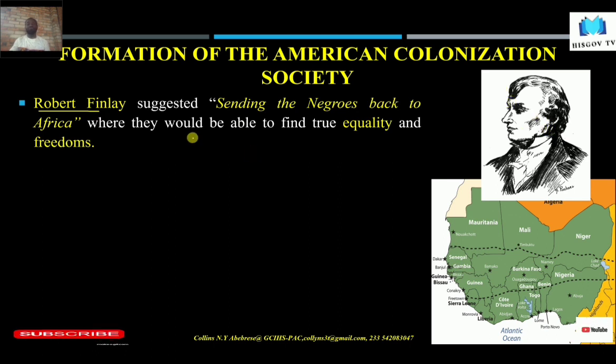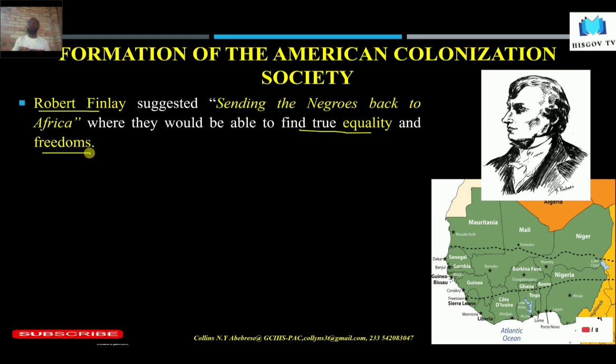So Robert Finley then suggested that, fine, why don't we send these Negroes back to Africa, where to him they could achieve true equality and freedom, instead of being in the United States and being abused and being discriminated against. So that is what Finley suggested. And he thought that over there they could find true equality and freedom.